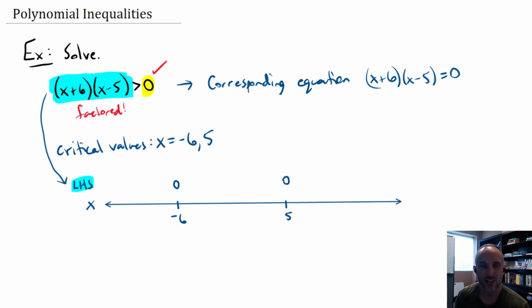I can pick any values I want. For example, between negative 6 and 5, my test point that I would like to choose is 0, because 0 is between negative 6 and 5. And then what I'm going to recommend, and this will be a theme as you watch me solve inequalities of different types with test points, when you look at the ends of the number line, I always recommend choosing extreme values.